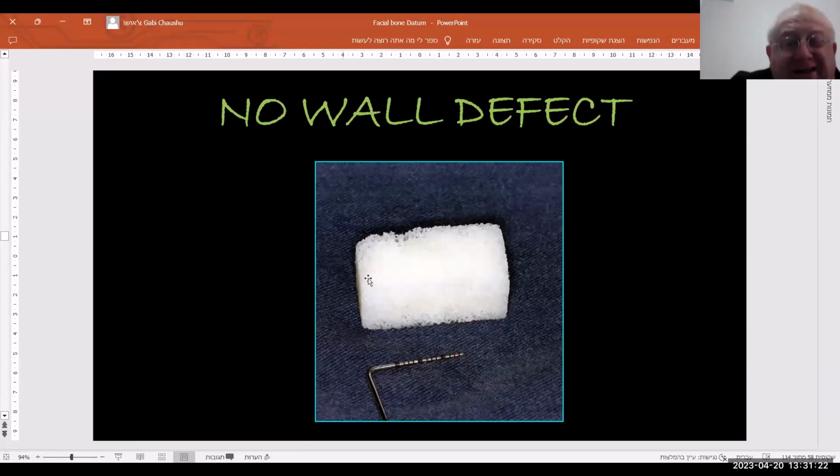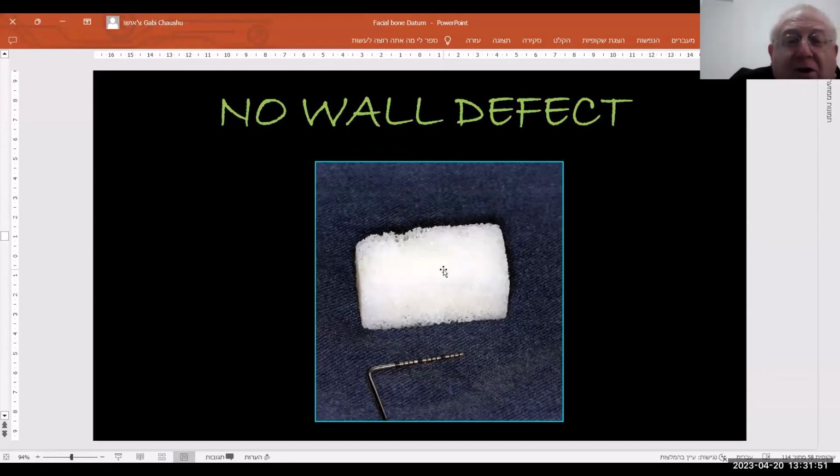In this situation, we actually like to use blocks, and we use cancellous block allografts because we believe those cancellous blocks will have faster resorption and faster new bone formation and infiltration. We always use the osseous membrane to protect this block from resorption.